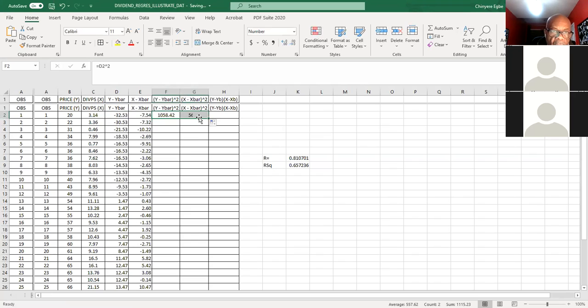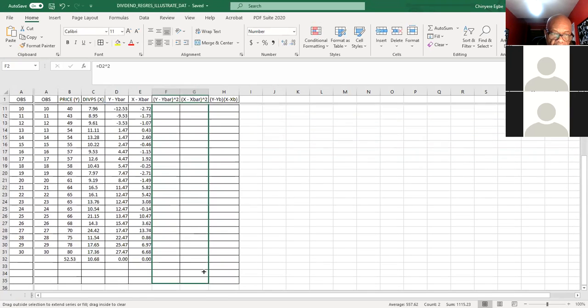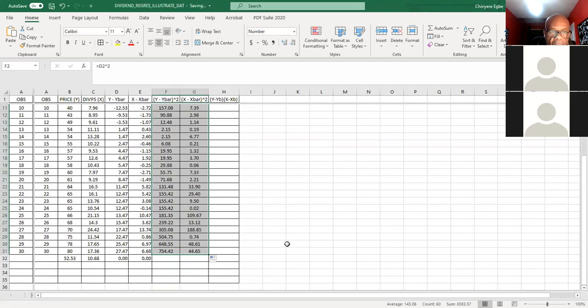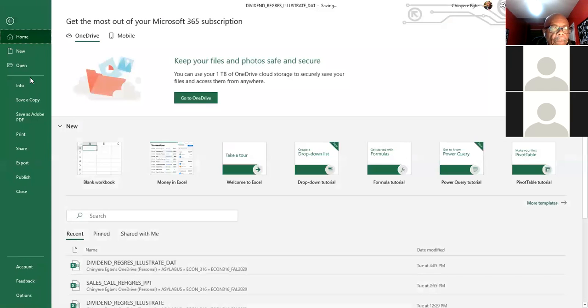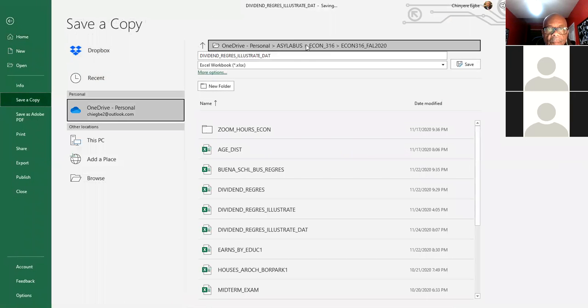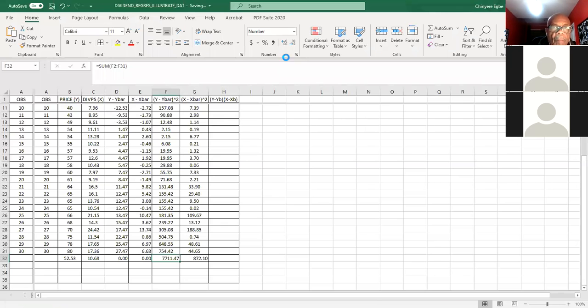And you also square the X minus X bar. You drag it down, and you get the sum of those values. They are no longer 0.